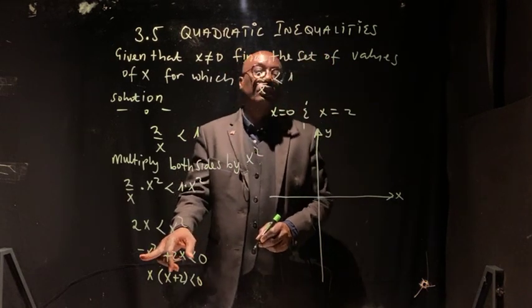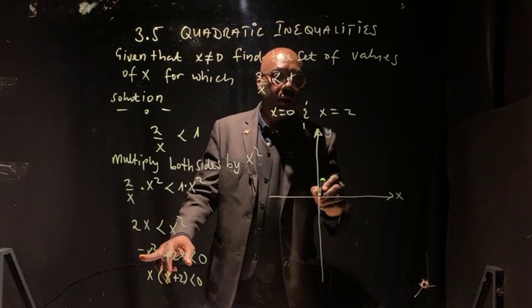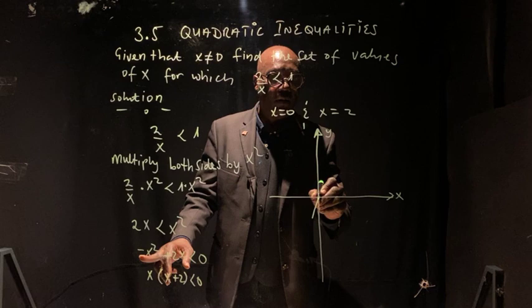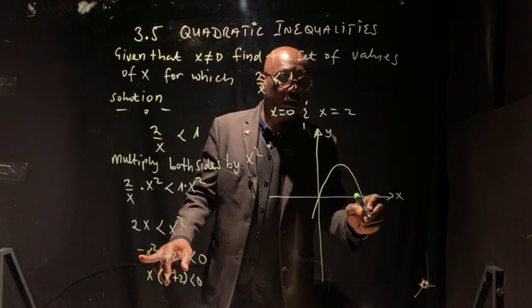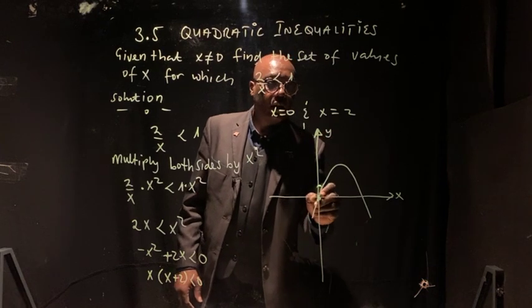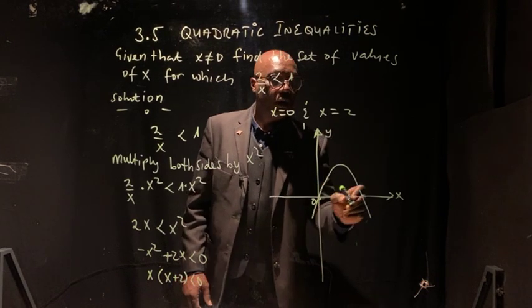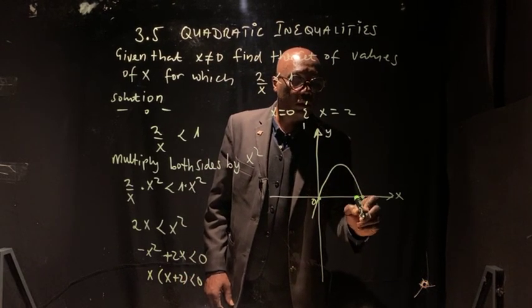Because the coefficient of x squared is negative, the curve will have a maximum turning point, so the curve should look something like this. Here is 0, and here is 2.